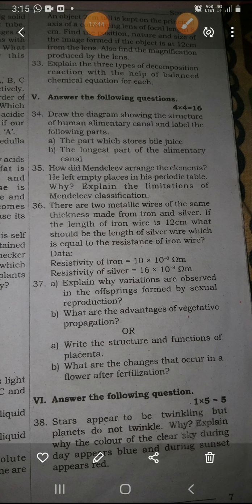And third point: there is no regular increase in the atomic mass of elements.